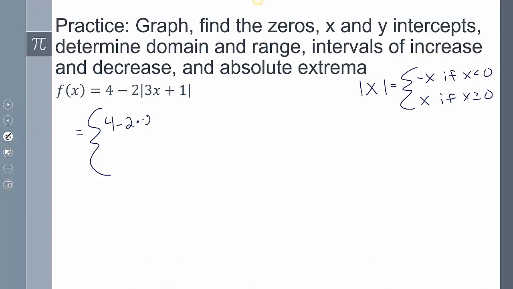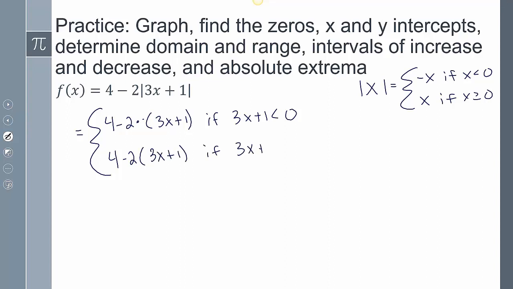So negative whatever's inside my absolute value, if whatever's inside my absolute value is less than 0. And then whatever's inside my absolute value, if whatever's inside my absolute value is greater than or equal to 0.